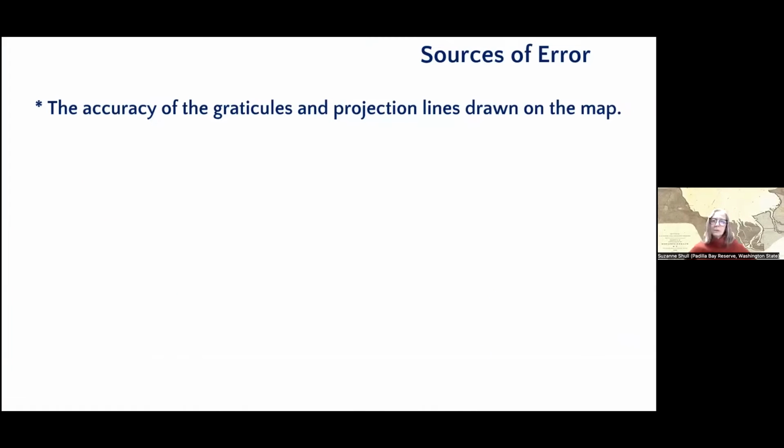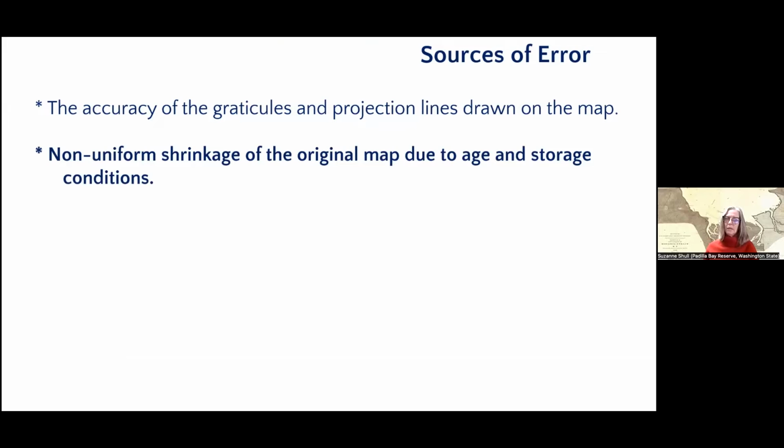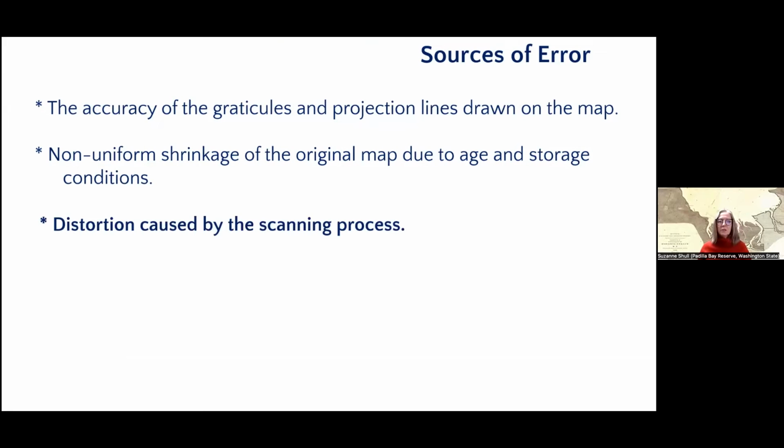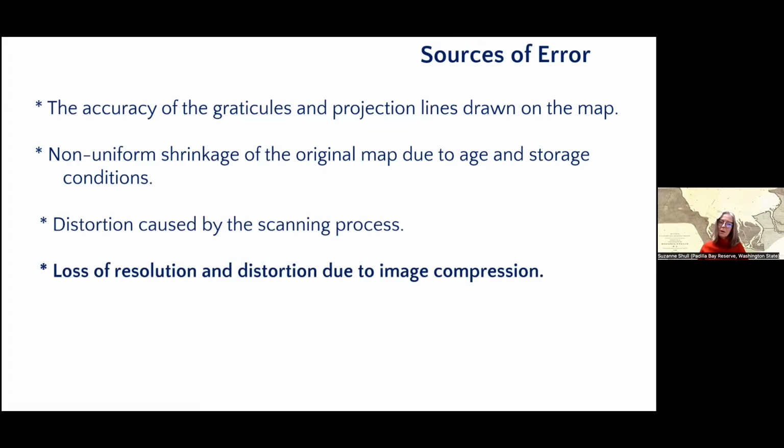But this brings me to the subject of sources of error. You can run into trouble when those graticules and projection lines were not drawn properly, or if you get distorted effects from the original map having been stored for as long as it has. There's distortion associated with the scanning process.